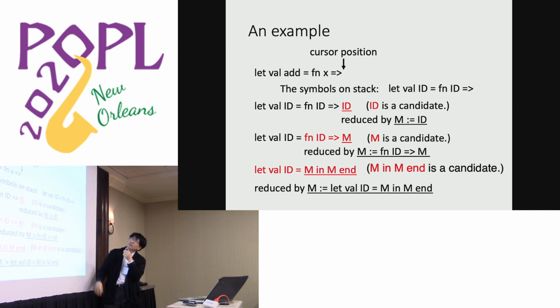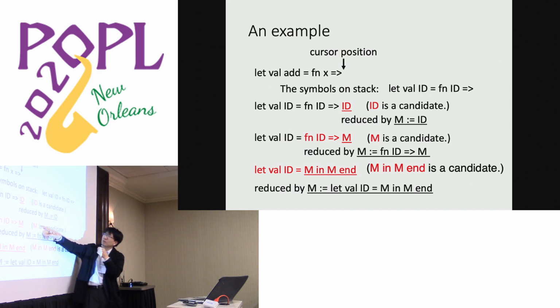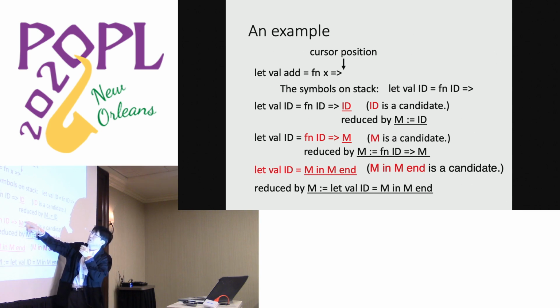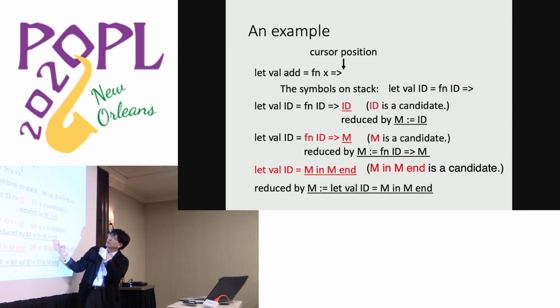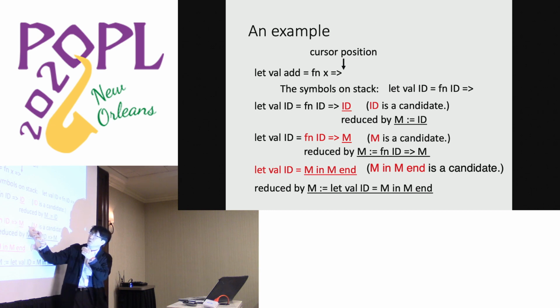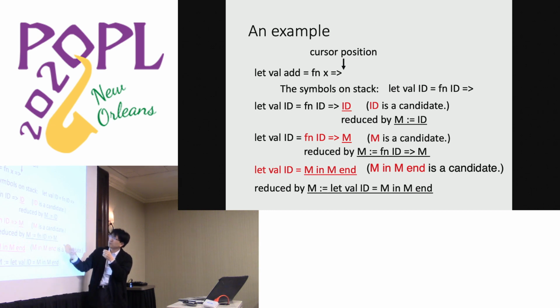And the second candidate may be m, because if we add m at the cursor position, then this red part, fn id => m, can be reduced by this production.